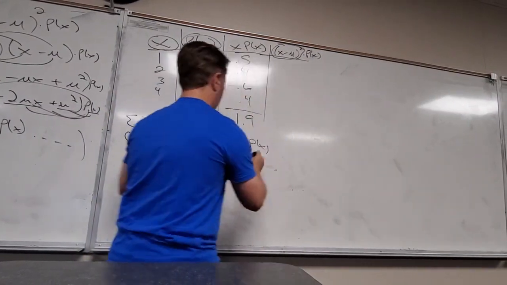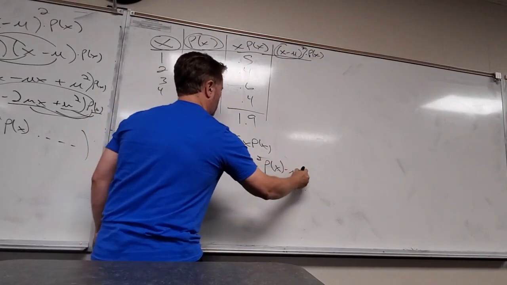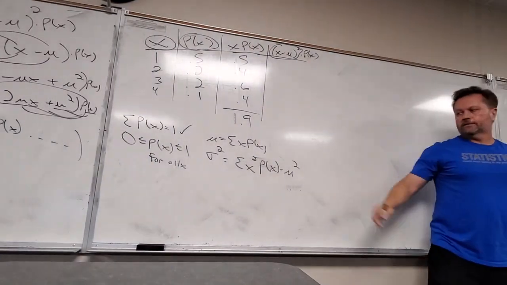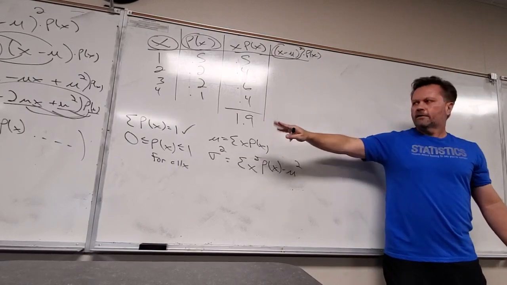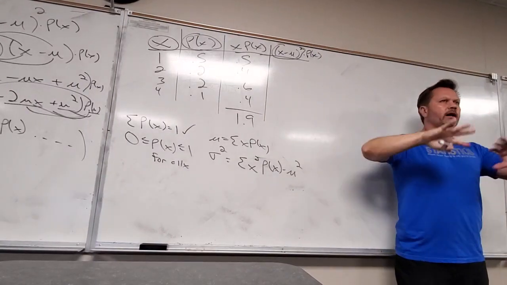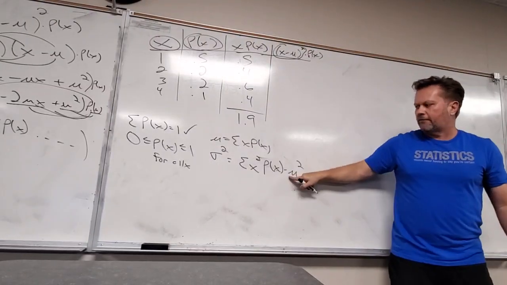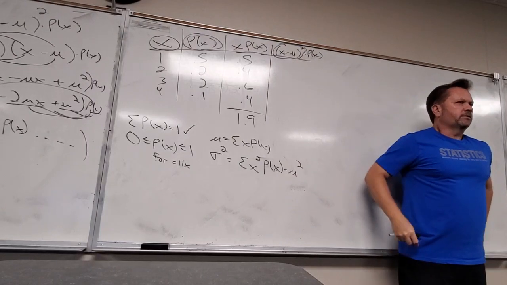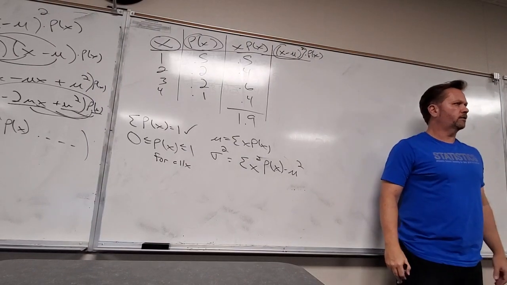See the x squared p of x? The part I'm not going to go over, because I'm not going to make this into a summation algebra class, is how everything else just becomes minus the mean squared. Sometimes I'll make that a bonus question on a test and see if somebody can work it out.